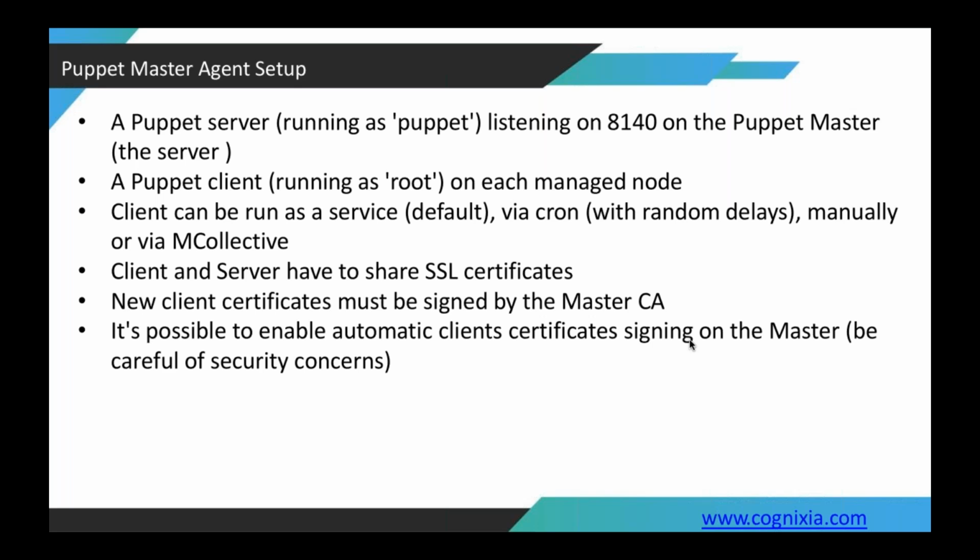The Puppet client runs automatically after every 60 minutes, or if you want, you can reduce the time through cron. Let's say you call the Puppet agent every 30 minutes or 15 minutes, it's up to you. Another thing is the Puppet agent is also idempotent.